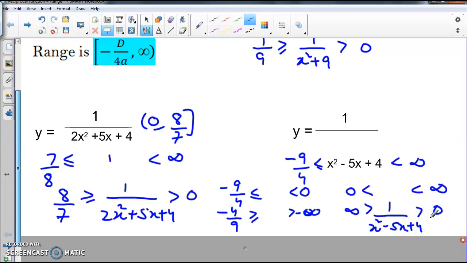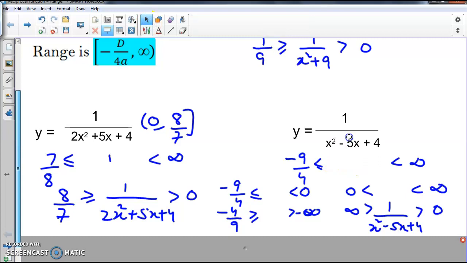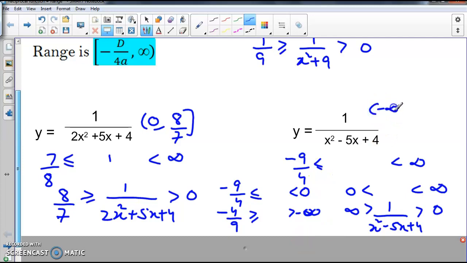So the range of the original function is then minus infinity to minus 4 by 9 union 0 to infinity.